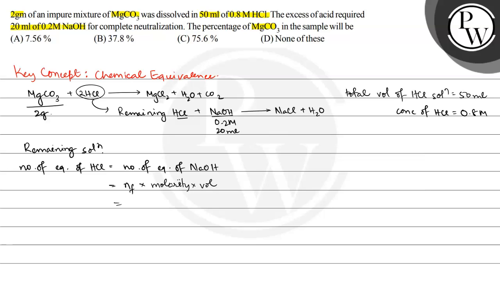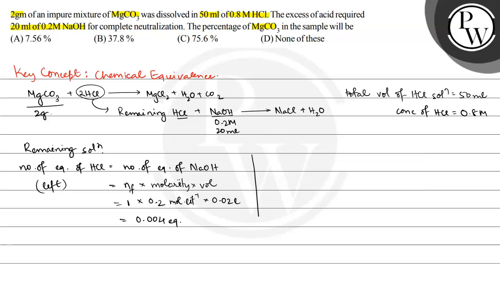So n factor for NaOH is equal to 1 multiplied by molarity, 0.2 moles per liter, multiplied by volume, which is given in milliliters. So this is 20 ml, and if we convert it into liters then this will be equal to 0.02 liters, and then this value will be equal to 0.004 equivalents. So number of equivalents of HCl left.